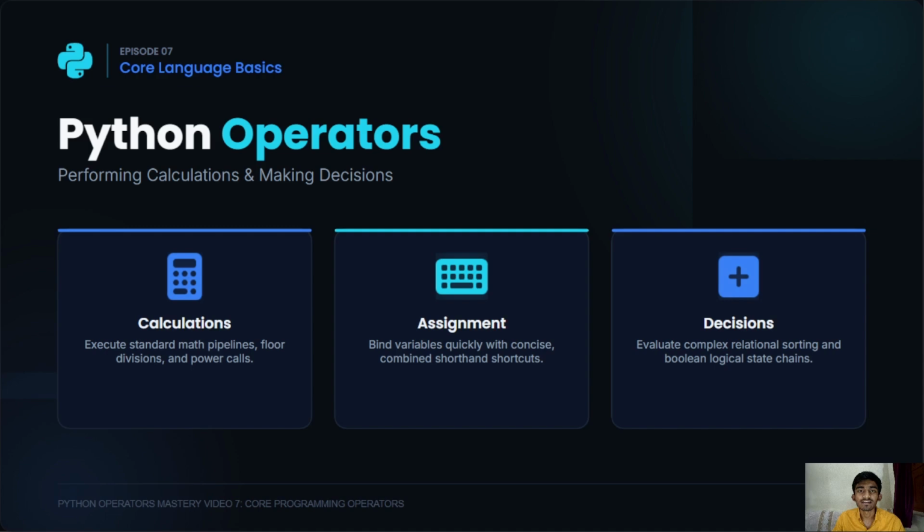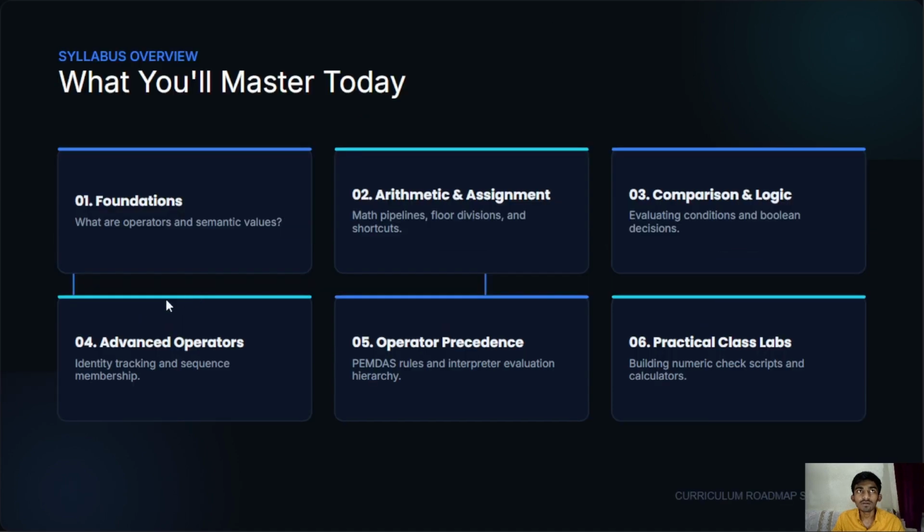So let's get started. Before we jump into coding, here is a quick overview of today's lecture. We will begin by understanding what operators are. Then we will learn the types of operators available in Python.